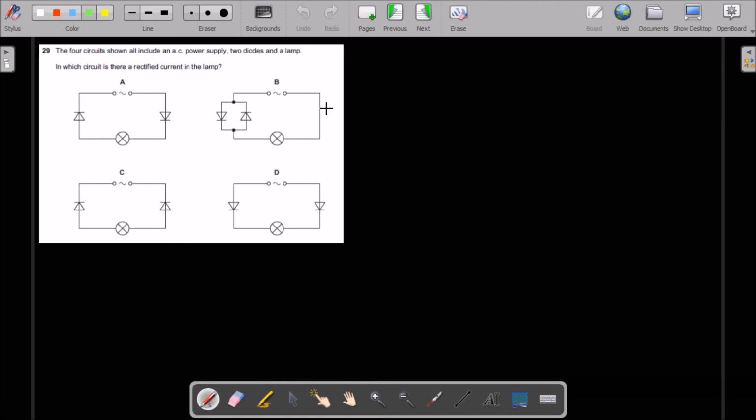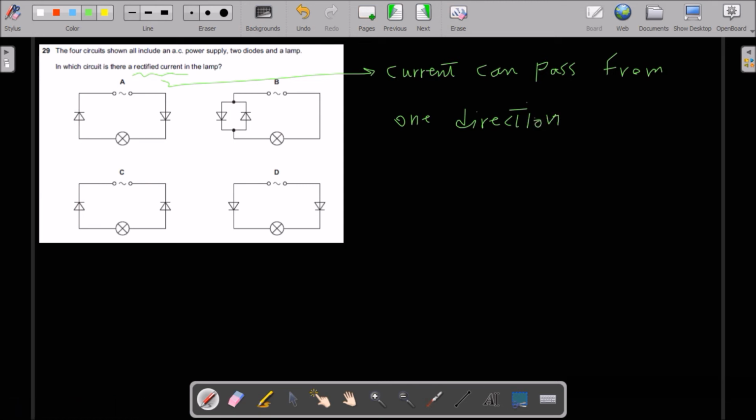Question 29. The 4 circuits shown all include an AC power supply, 2 diodes and a lamp. In which circuit is there a rectified current in the lamp? Rectified current means current can pass in one direction only.